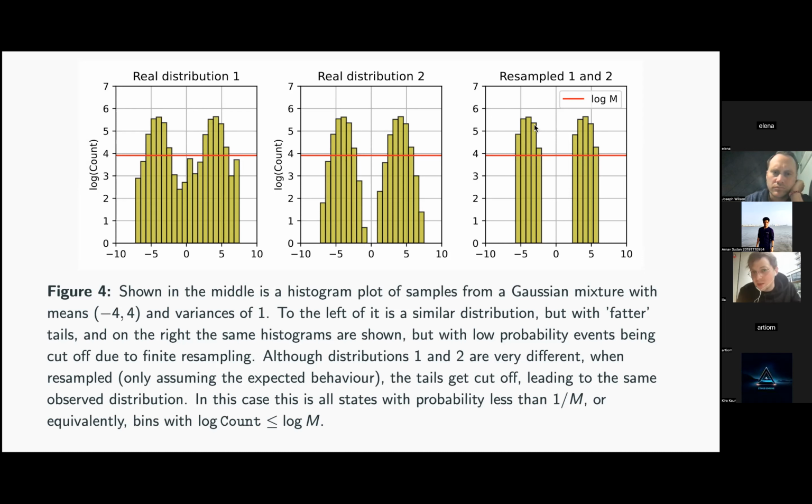And as you can imagine, this is relatively problematic, because the image on the left with distribution 1 and the image in the middle with distribution 2, they are very different distributions. But if we do not sample them enough, they will look exactly the same, right? And when we ask the question, are 60,000 images of MNIST enough, we don't quite understand whether we capture the tails of the distributions or not.